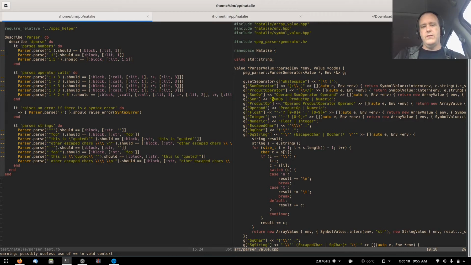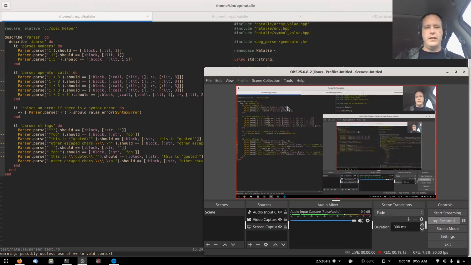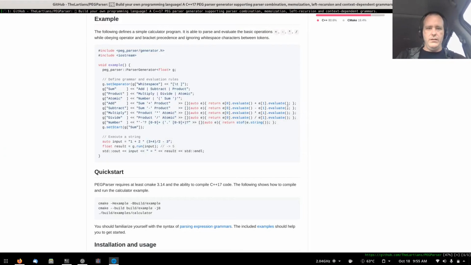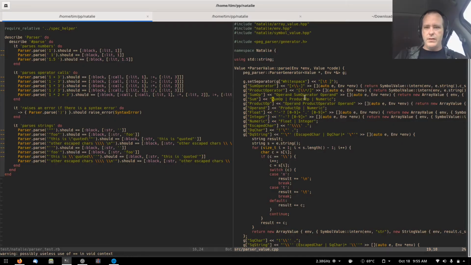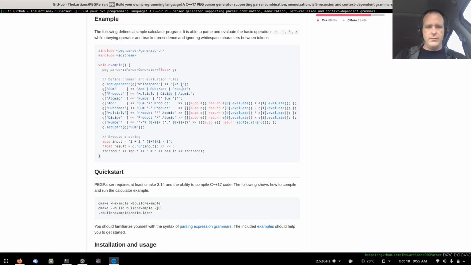Curious if the order of this matters. Possibly the order matters. How did they do it in this? Add, subtract, product has multiply, divide, or atomic. And I think I'm doing the same order. It's a sum or a product, right? Add, subtract, product.